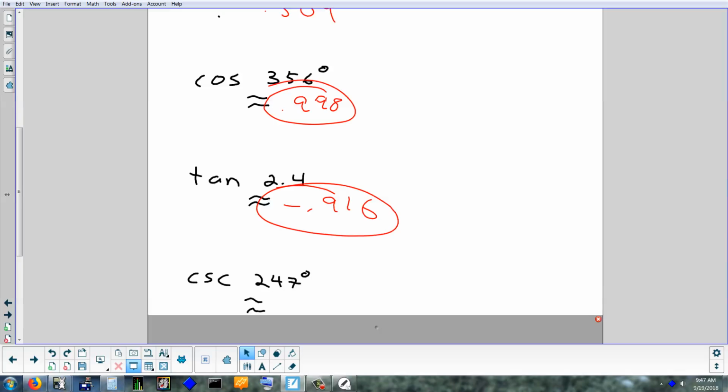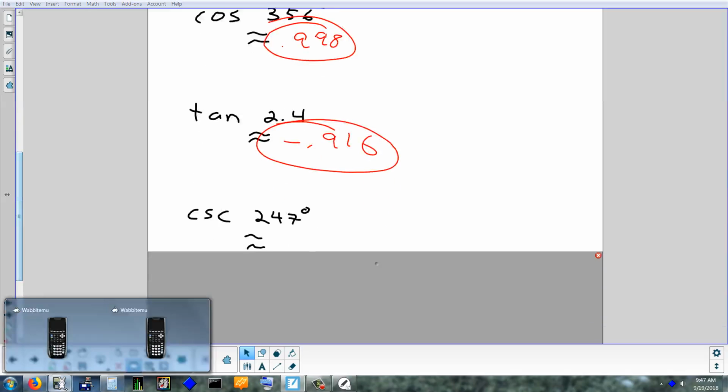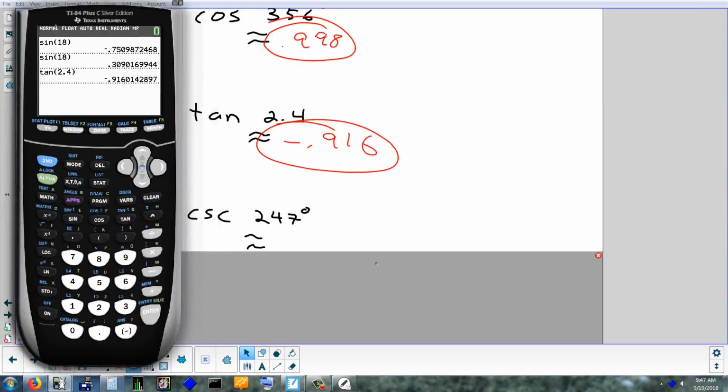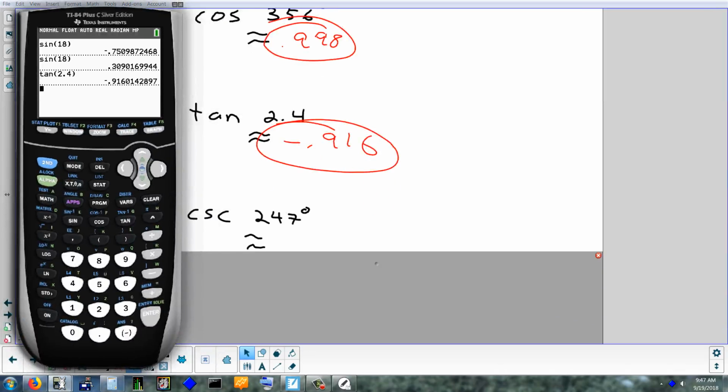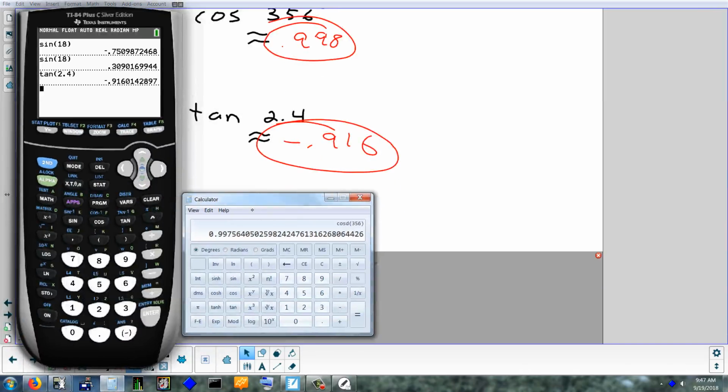All right. Cosecant. So let's look at the calculator. Is there a button on the calculator that says CSC? Not this stuff with a -1 above it. That's something else. We're not going to do that this week. But is there a button on there that says CSC? No. Same with this one. I have sine, I have cosine, I have tangent.